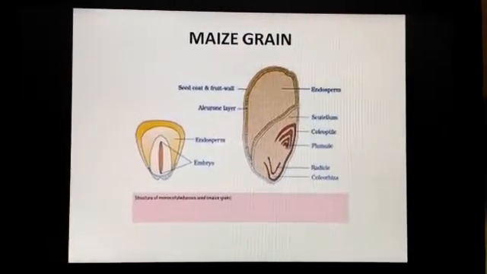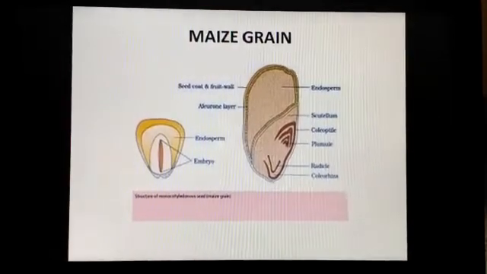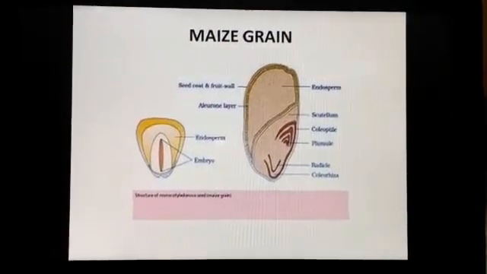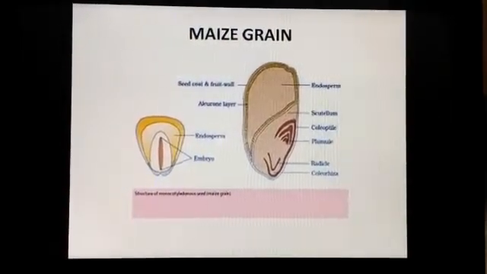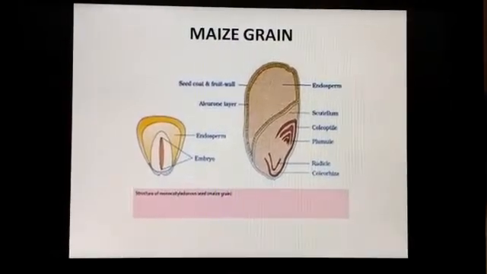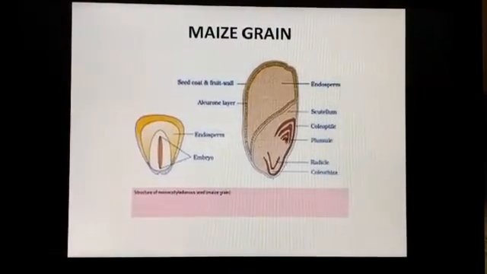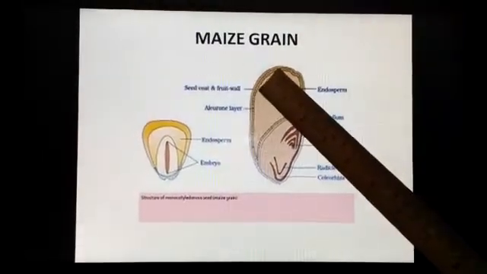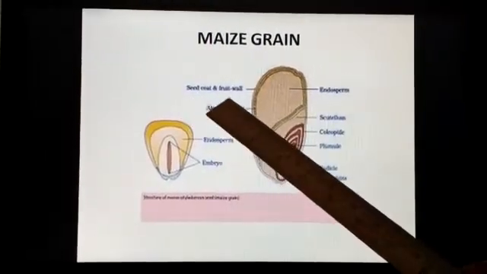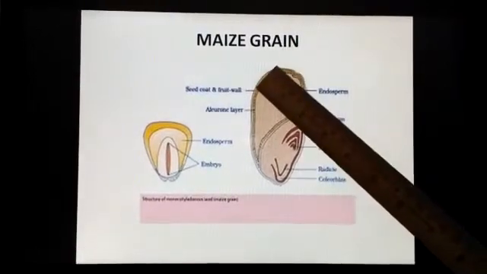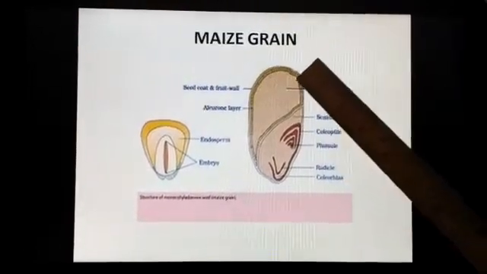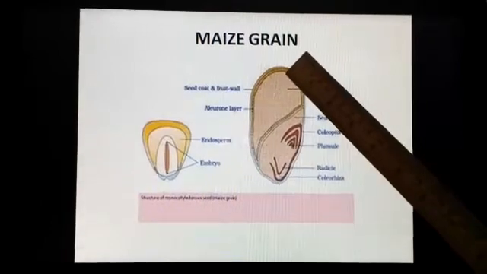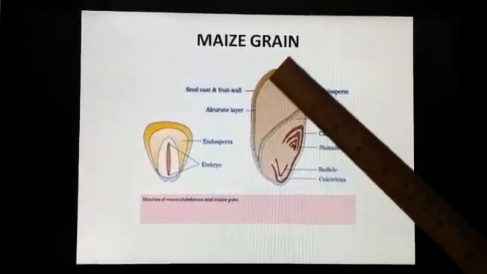A grain is a fruit in which the seed coat and fruit wall are fused to form a common protective layer. Such a fruit is called a grain. So maize also is a grain because it has seed coat and fruit wall both fused to form one single layer.